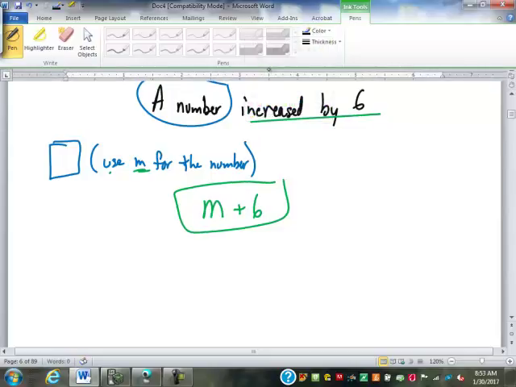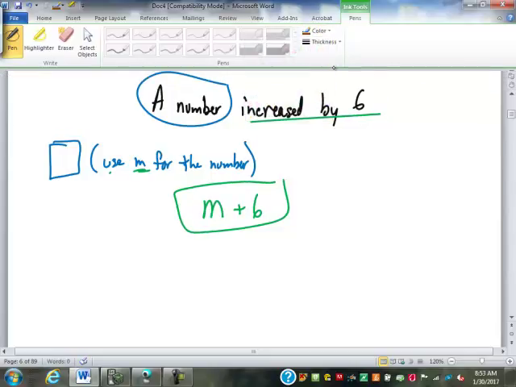Now there are a lot of other phrases out there that would indicate M plus 6. We might have 6 more than a number. You might have a number plus 6. Anybody think of any others?